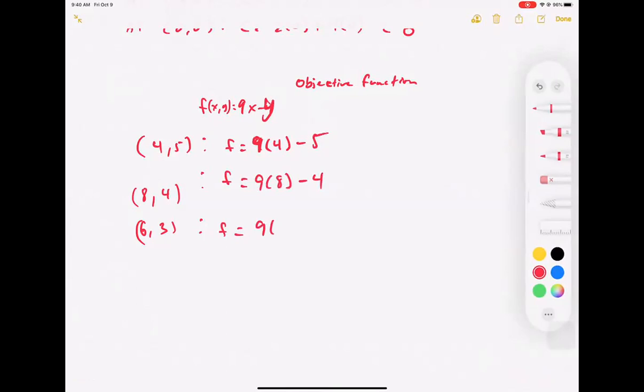And 9 times 6 minus 3. Okay, I got an answer from Alex. Okay, so what's our minimum? Our minimum is our 4, 5.